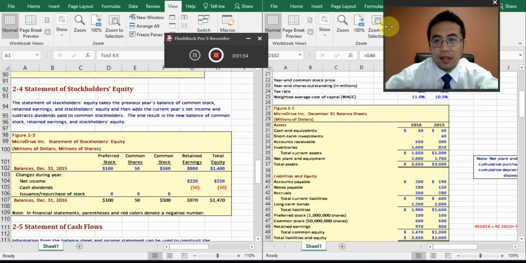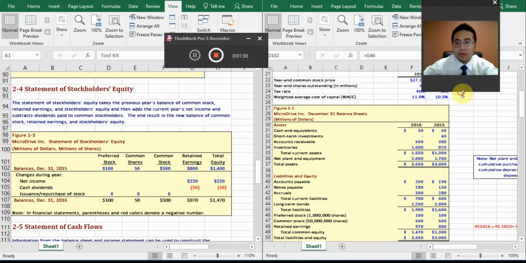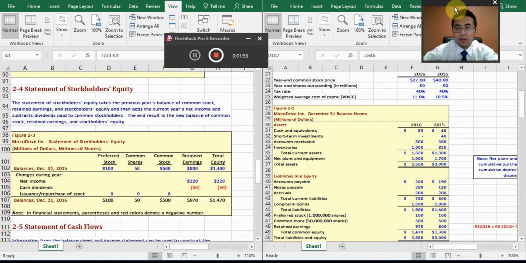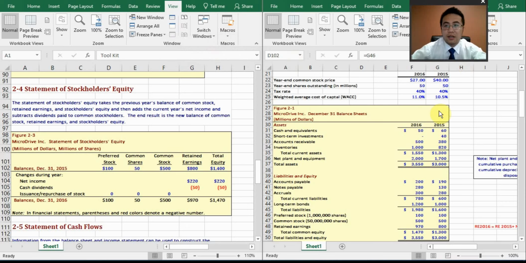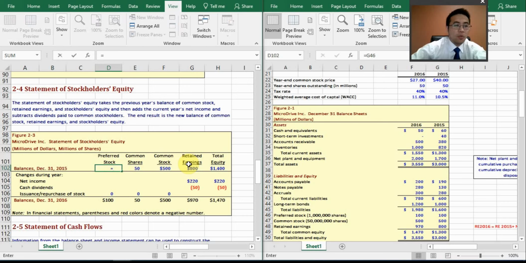So I think my head is blocking your view here, so let me just zoom out myself. All right. So let me just repeat what I just did. So for preferred stock within this new view, I can just link it to the preferred stock in 2015 right here.